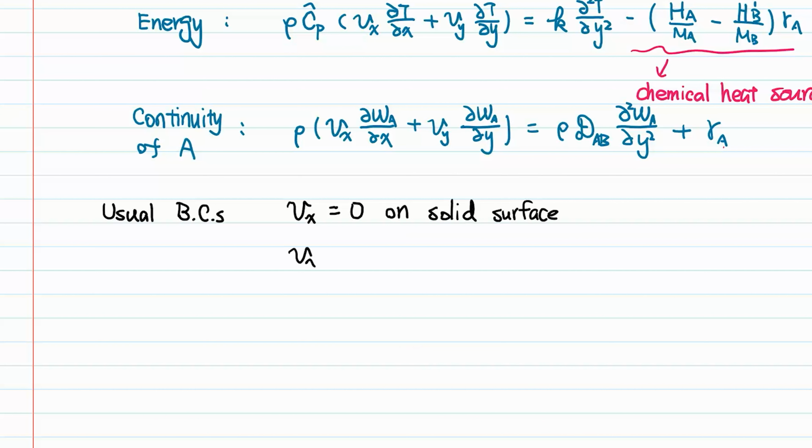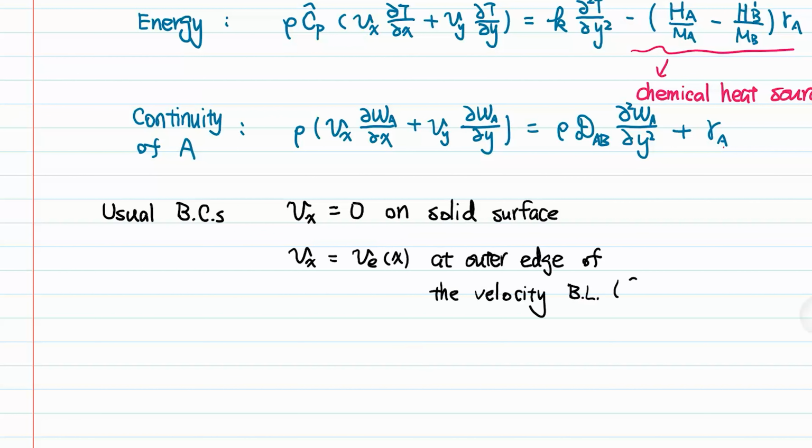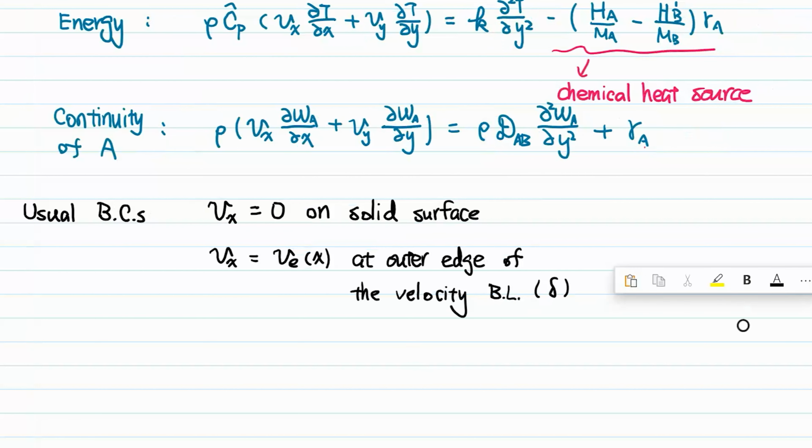And we have V sub x equals to the potential flow at the outer edge of the boundary layer of the velocity boundary layer. And we typically use delta with no subscript there.